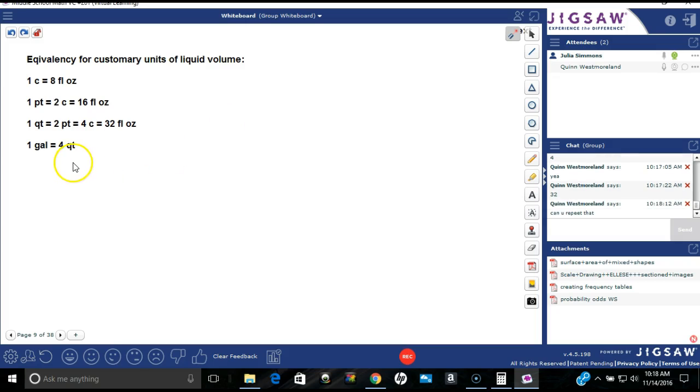If we know that there are 4 quarts in a gallon, and in each quart there are 2 pints, how many pints are in a gallon? Eight. Very good.